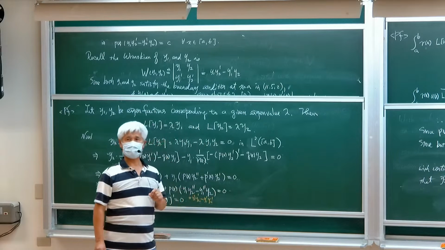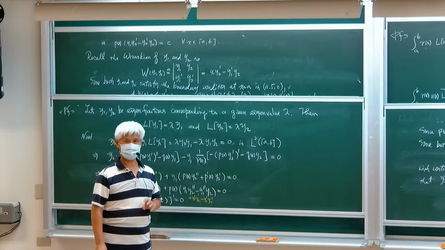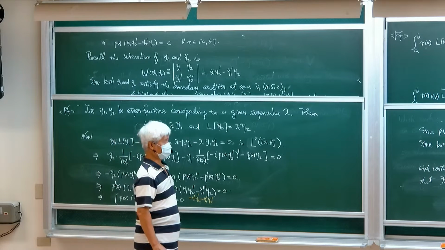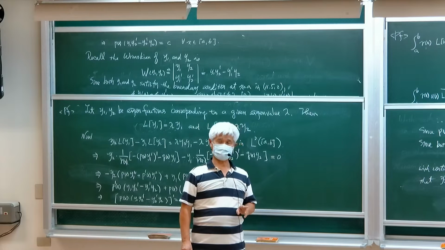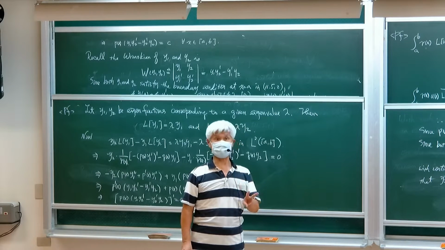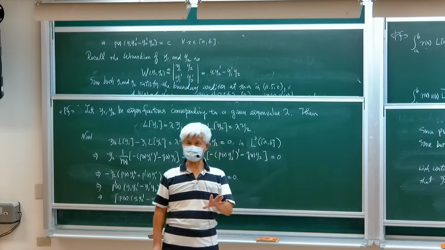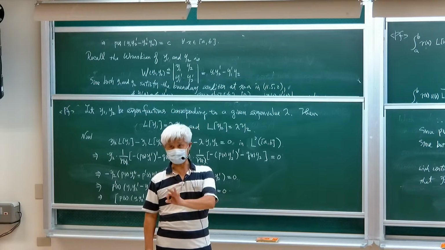Okay, right. So the Wronskian is a very important tool to justify that two solutions of a homogeneous linear second order equation are linearly independent. So we can find two independent solutions, and then a general solution will be a linear combination of these two independent solutions plus a particular solution.